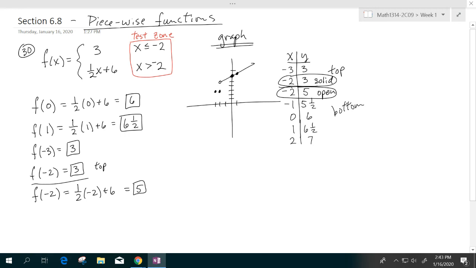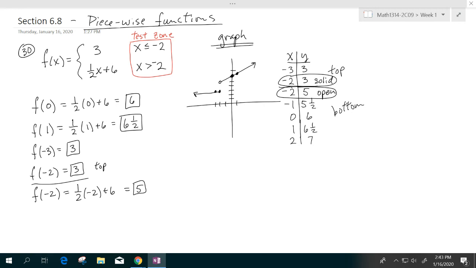And then these go like this, and these go like this. Got it?